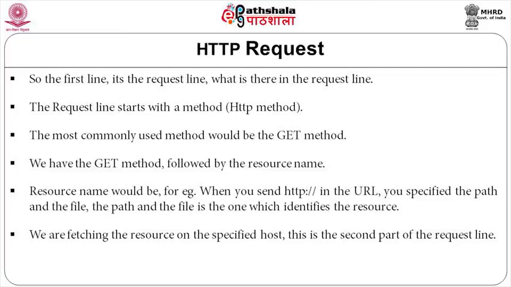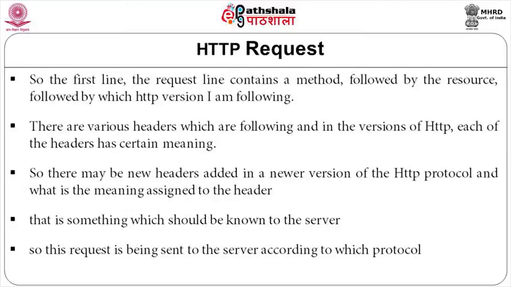So first line, the request line contains a method followed by the resource, followed by which HTTP version I am following, because yes, there are various headers which will follow, and in the versions of HTTP, each of those headers has certain meanings.